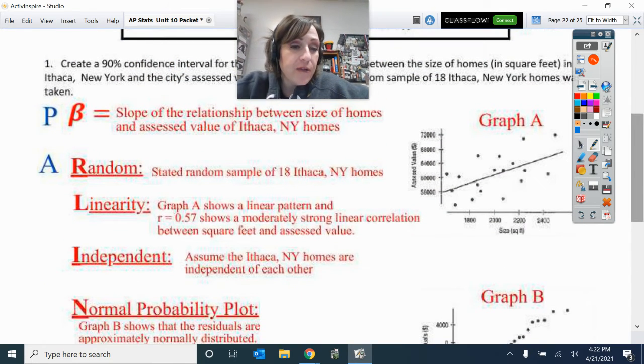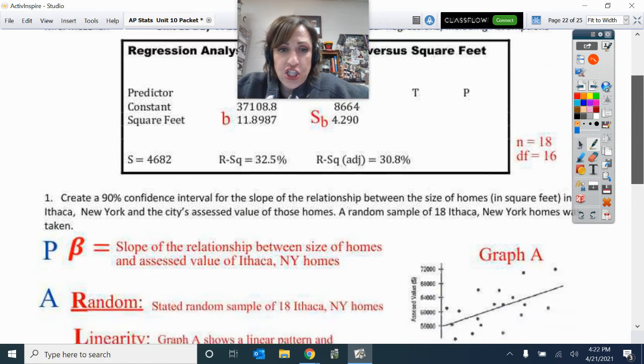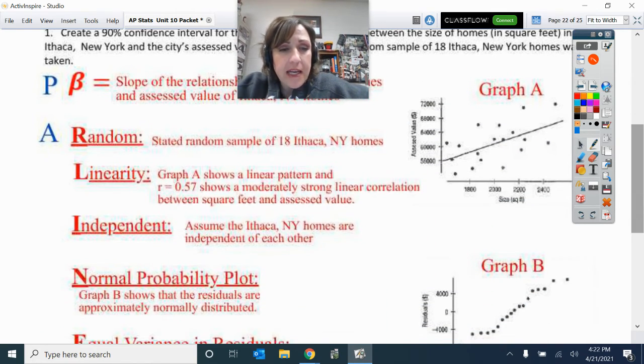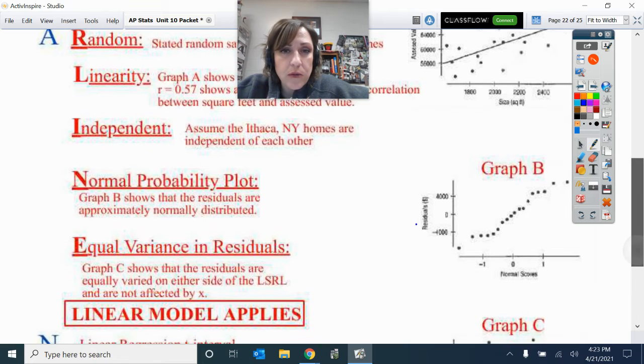Here we go. L for linearity. Graph A shows a linear pattern, and r of 0.57 shows a moderately strong linear correlation between square feet and assessed value. Independent: I'm assuming that these Ithaca, New York homes are independent of each other. So each one is its own separate single home.